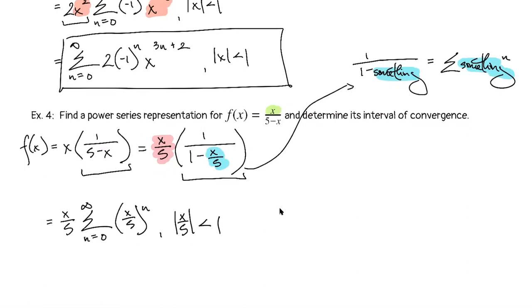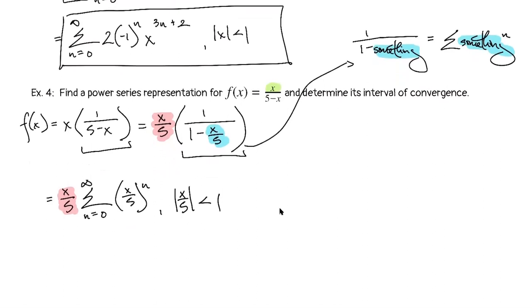Now, we need to put back in the x over 5. We need to get that back into the power series in order to have a power series that represents the entire function, x over 5 minus x. Okay.